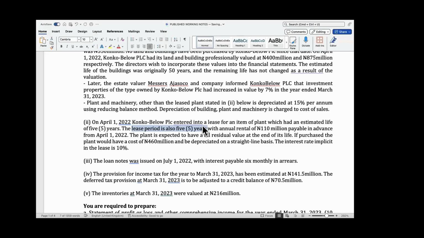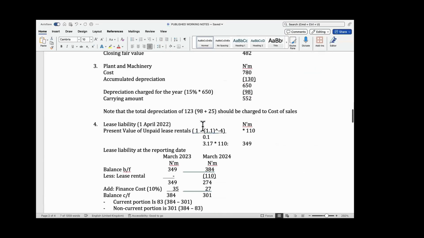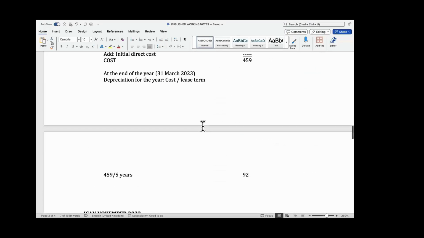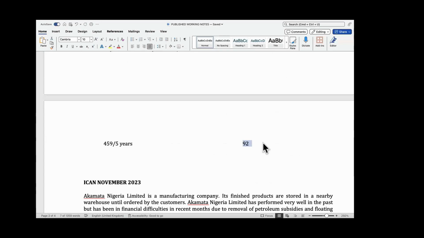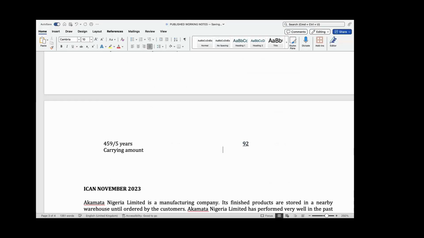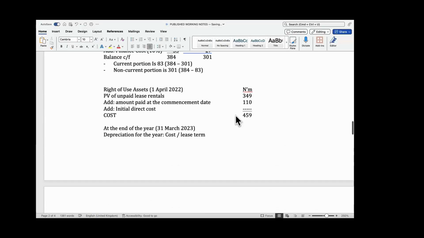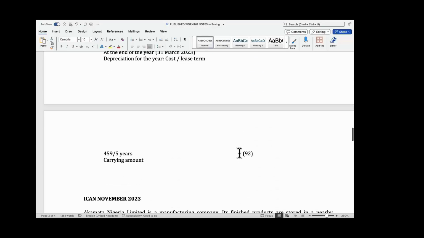Now, having determined that, what's the carrying amount of these assets? So what's 459 minus 92?